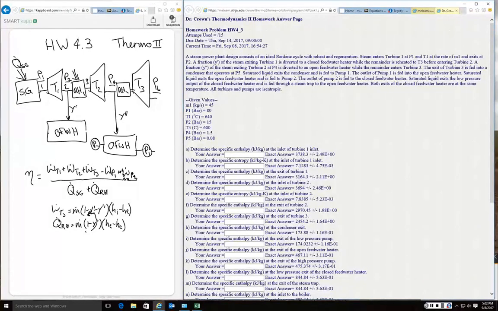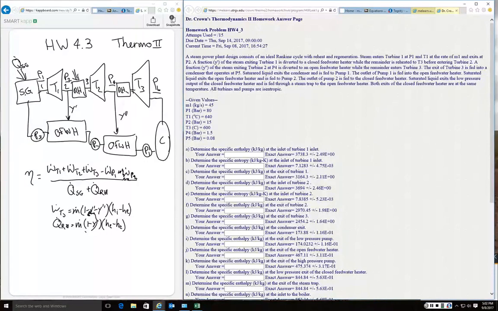And then I would need another pump that brings it from P2 back to P1. So having the closed feed water heater in the trap allows me to get rid of one of the pumps. So that's another modification. Of course, I have a condenser in here.